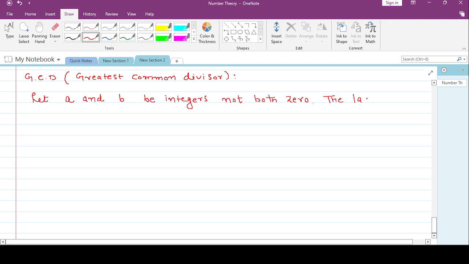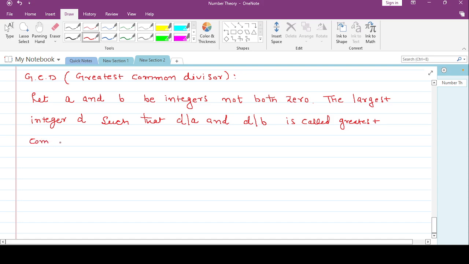The largest integer D such that D divides A and D divides B is called the greatest common divisor of A and B. See here what we are doing: we are taking two numbers A and B, and not both of them are 0.